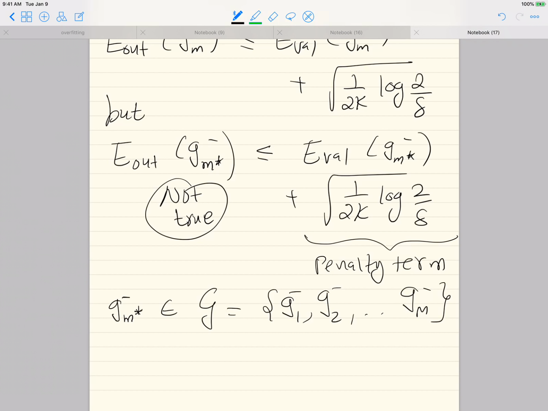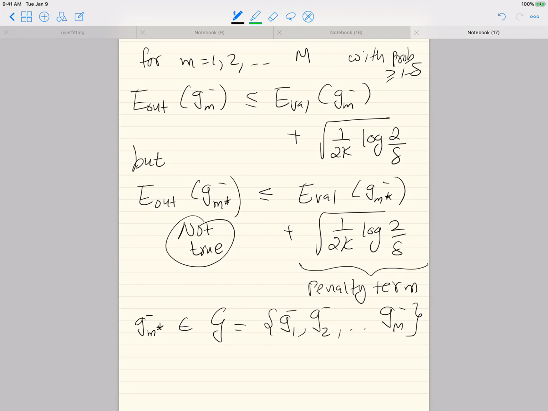It's either G1, G2, G3 up to Gm. Now, each of them were fixed hypotheses selected before looking at the data, because they were selected using D-train. So as far as dval is concerned, these are all fixed hypotheses before observing dval.